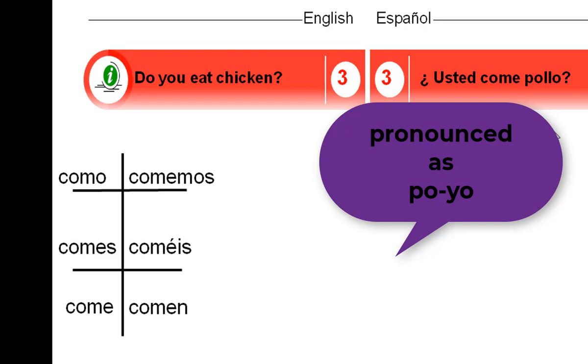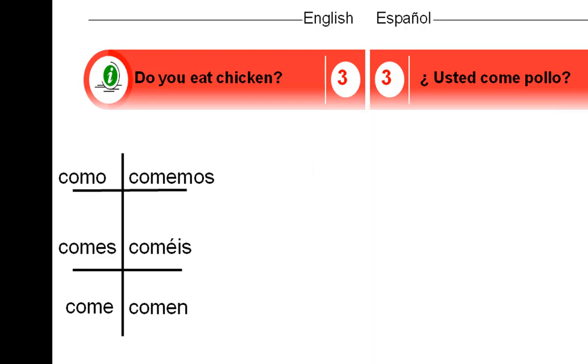And here we are talking about the formal form of you and we are asking a question. We don't need any other word to specify do. So usted come pollo, and we put a question mark after the sentence and an inverted question mark before the sentence. Usted come pollo? Do you eat chicken?